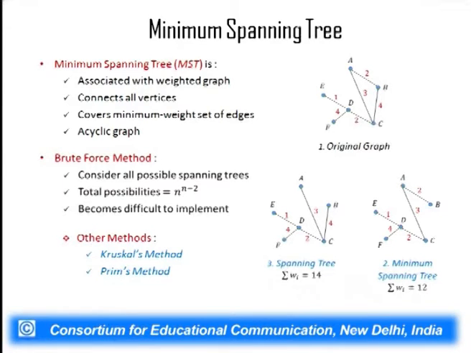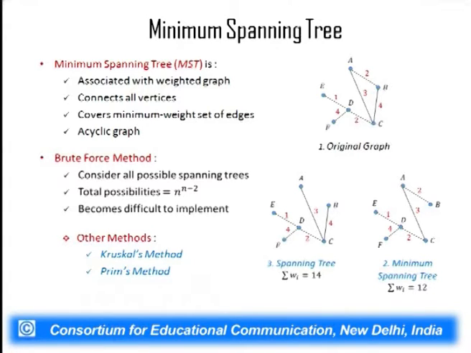Now, there are different ways to construct the minimum spanning tree given a simple, connected graph. What are those methods? The very simple one is the brute force method, in which you take into consideration all the possibilities. You check every edge and the weights associated with it, and then sum up after the spanning tree is created.